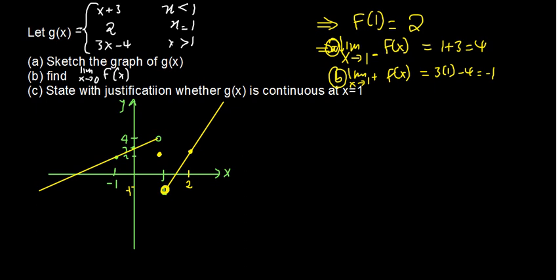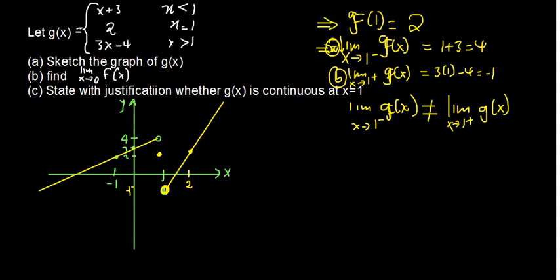Now clearly we can see that the limit as x approaches 1 from the negative side of, this is actually g of x, we are used to f of x, that's why I'm writing f of x. So the limit as x approaches 1 from the negative of g of x is not equal to the limit as x approaches 1 from the positive of g of x. What does this mean? This means that the limit as x approaches 1 for g of x does not exist.